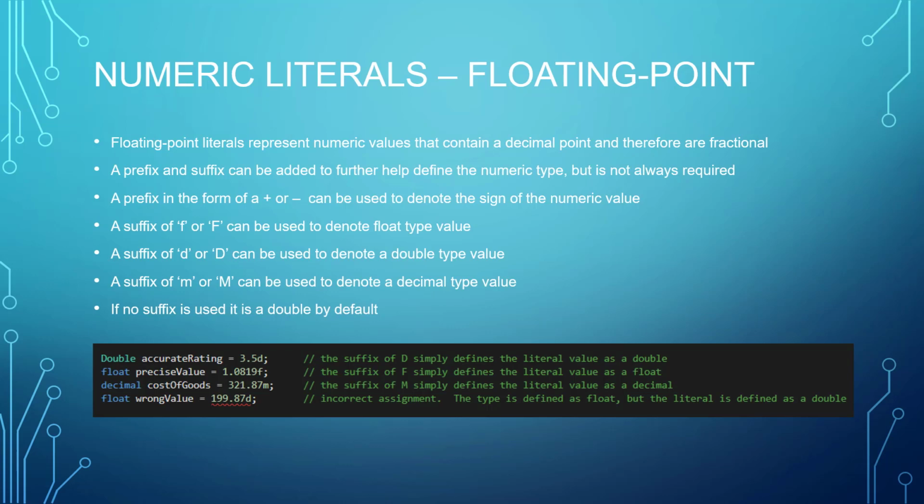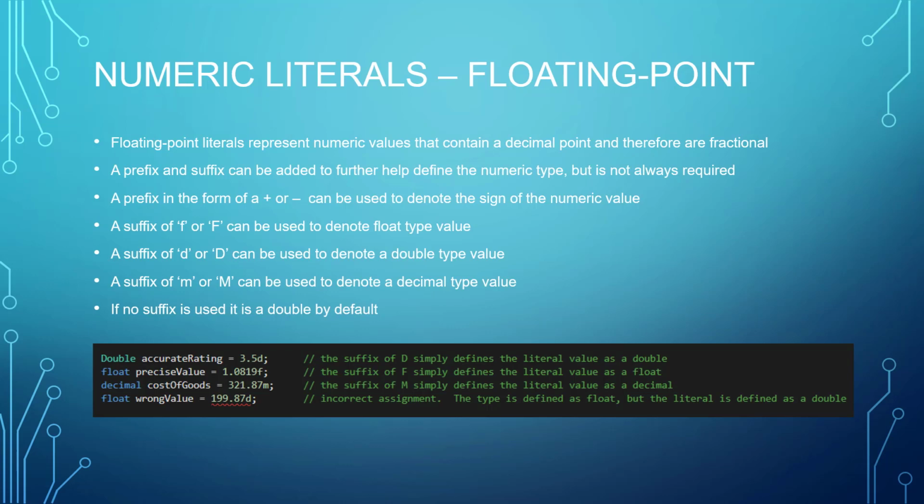Now a prefix in the form of a plus or minus can be used to denote the sign of the numeric value, just like with integers, so you could define a positive or negative value. Typically, people don't use the plus. By default, it is positive. You'll really only see the negative sign being used for the most part. But just know that you can use a positive sign if you'd like as a prefix.